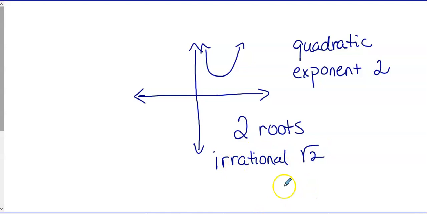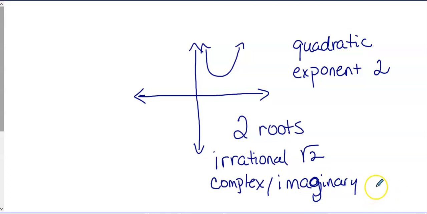Okay, so they're either irrational or they are complex or imaginary, which a complex is a combination of a real and imaginary anyway. So the roots on this thing are either going to turn out to be like a square root of 2 or whatever, or they're going to be complex or imaginary. We can't see them on the x-axis, but we can still figure out what they are.